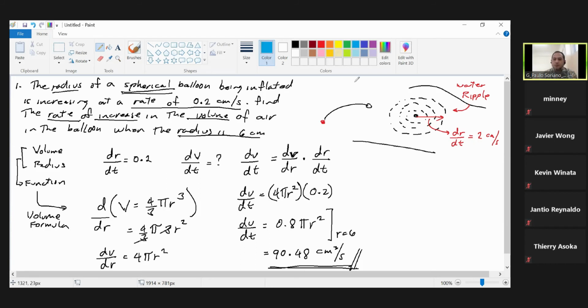We're looking for how much the area is changing, dA/dt, when the radius is 10 centimeters. Meaning we need to relate the area with the radius r.